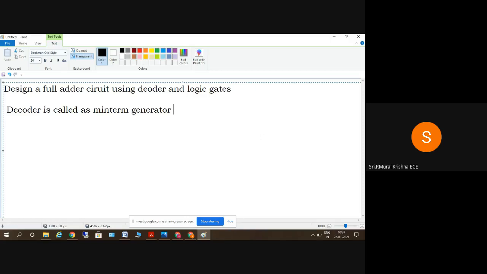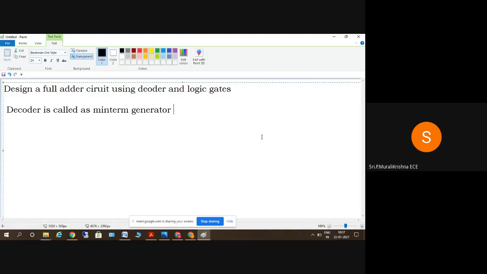If I say, check the earlier example. What is D naught, what is D1 and what is D3? Take the 2 to 4 decoder.